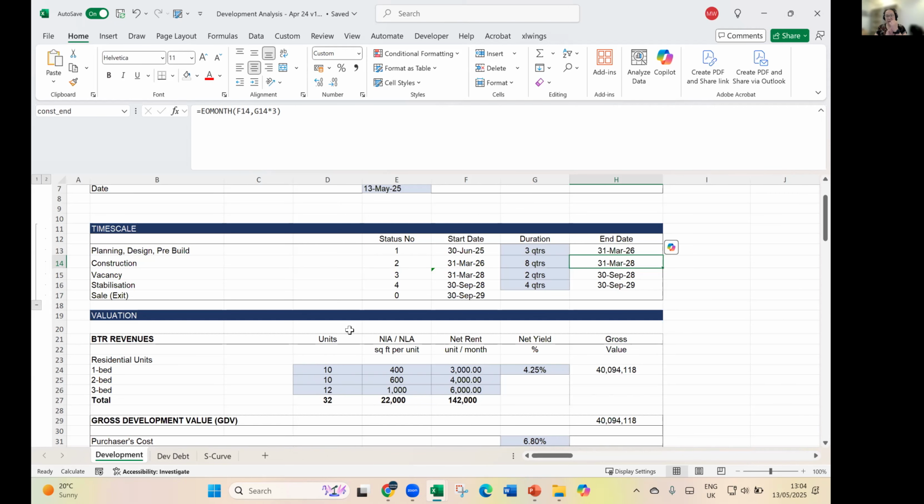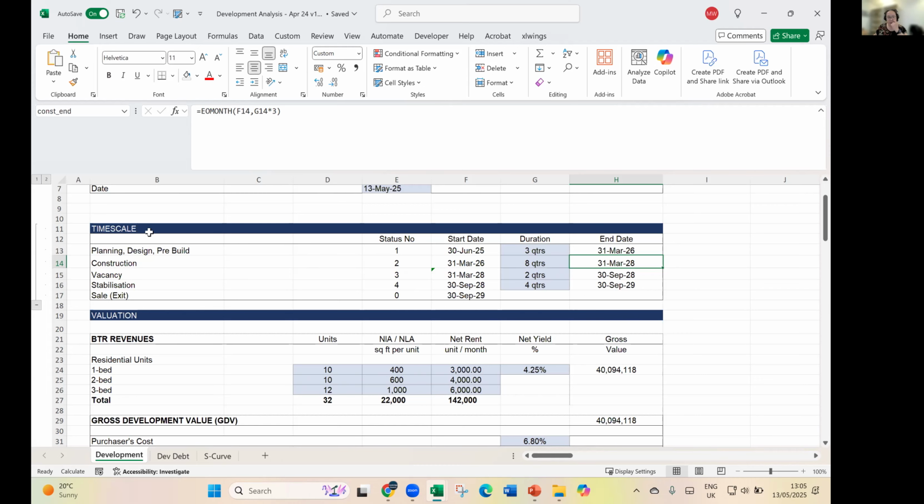It's also important because delays are one area that will have a big impact on your returns. If you delay, there's an opportunity cost with the money, but you're also going to increase your finance costs. So you need to be careful with that, because this can really eat up your profits. Okay, so that's the timeline.